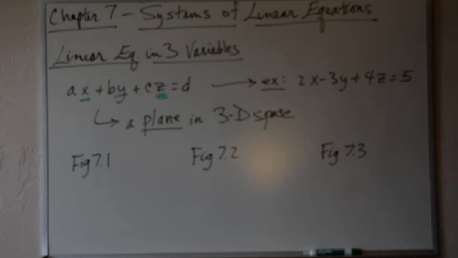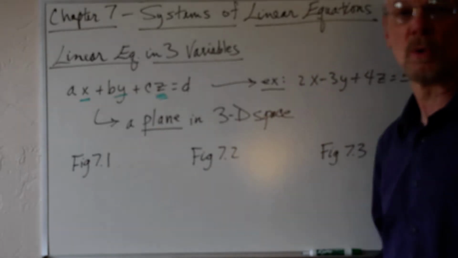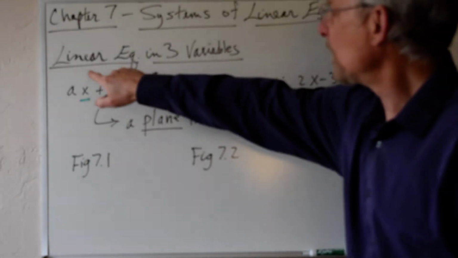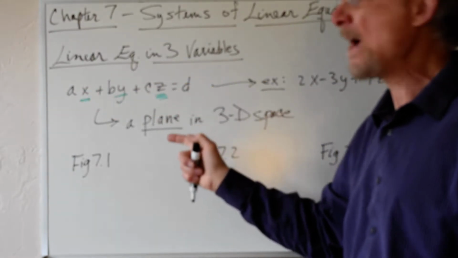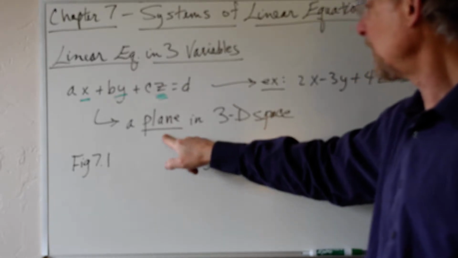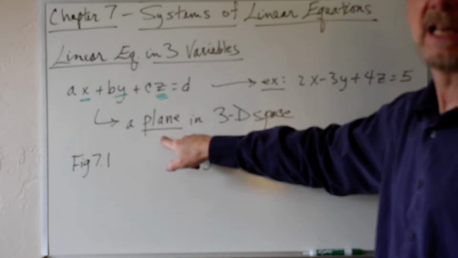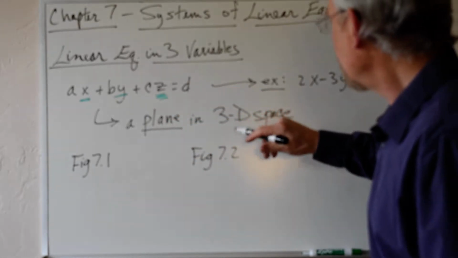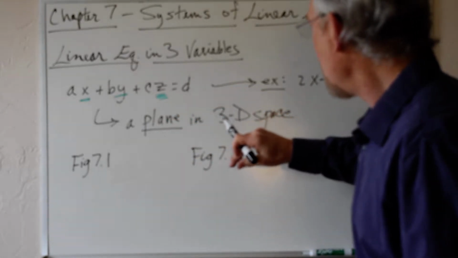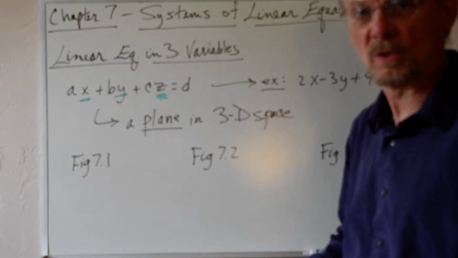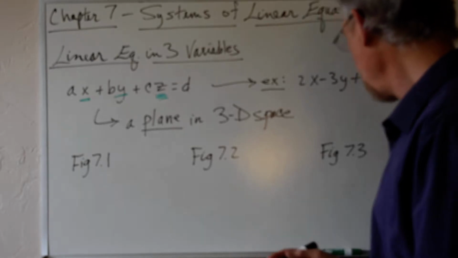Now we know that a linear equation in the xy coordinate system is a straight line, hence the name linear. We keep the name linear here, but the graphical meaning of this is no longer a line. It actually turns out to be a plane in 3-dimensional space. If you consider the fact that we're adding a 3rd variable, then we are adding a 3rd dimension.